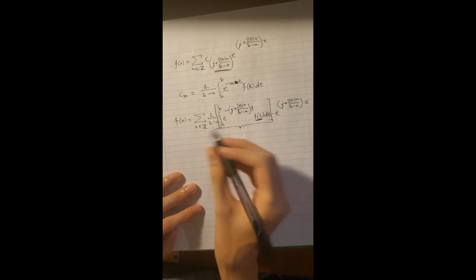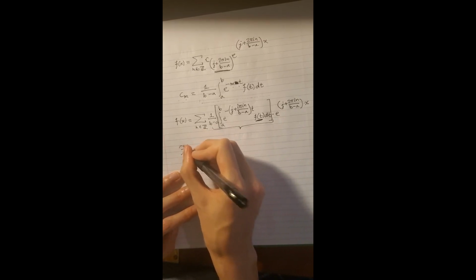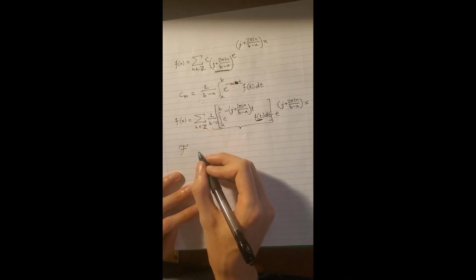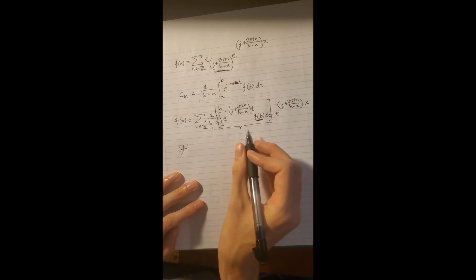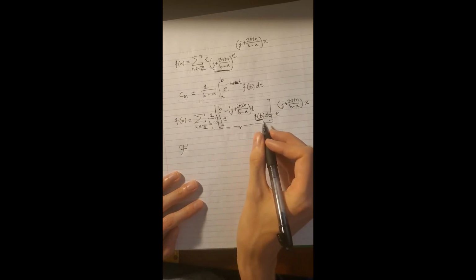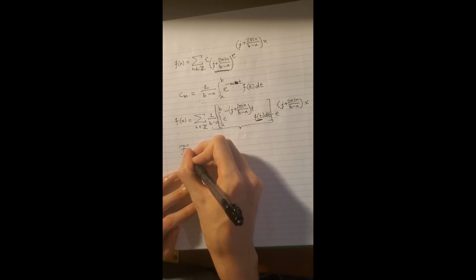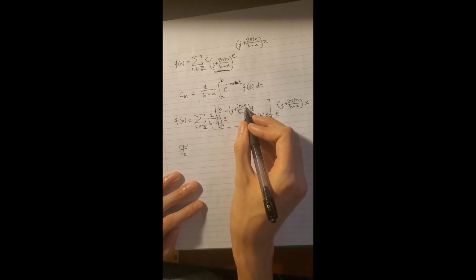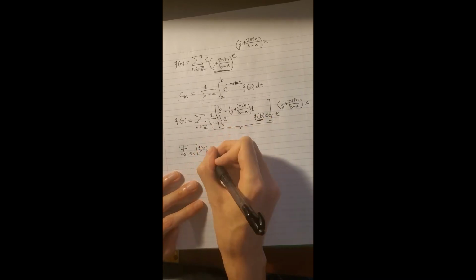I'm not going to beat around the bush. I'm going to call it a big F for Fourier, and it's going to take functions of x and map them to functions of n.